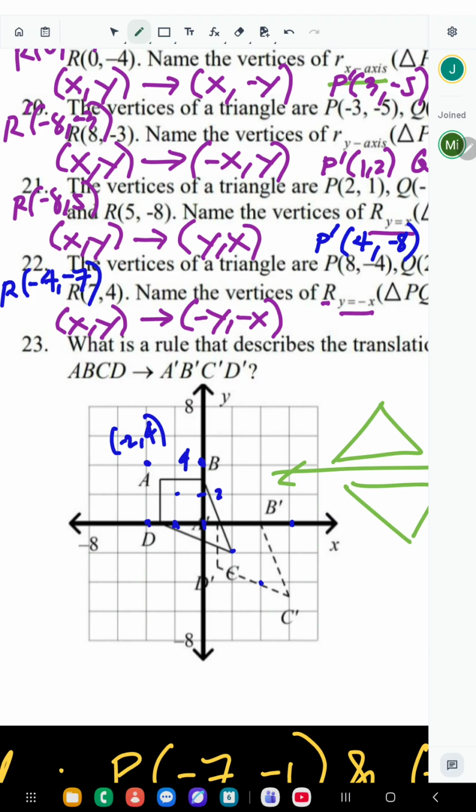And then y is translated downwards, so it should be negative. So there'd be x, y translated to positive x, negative y, because it's downwards.